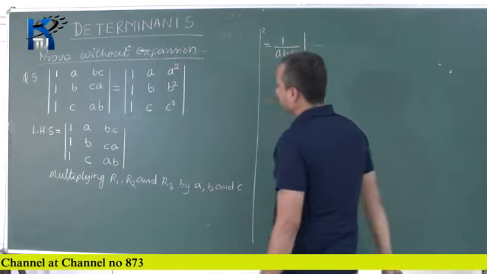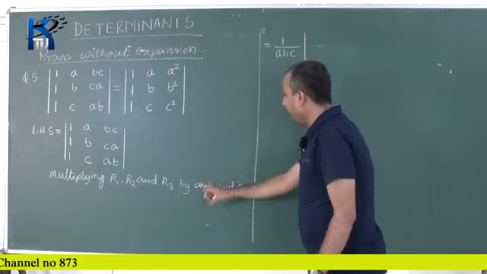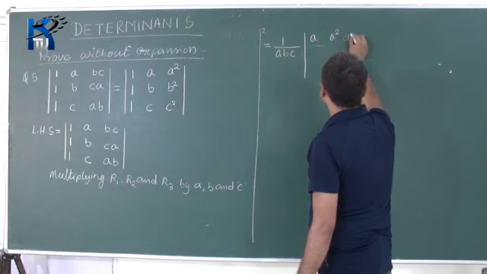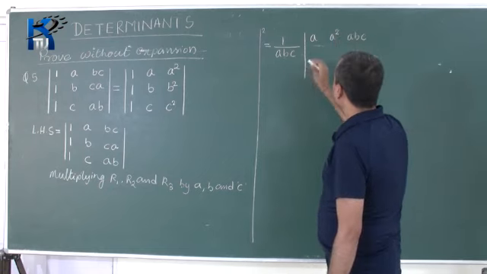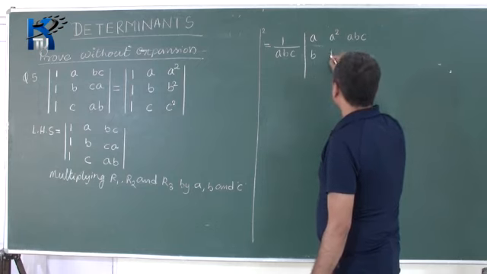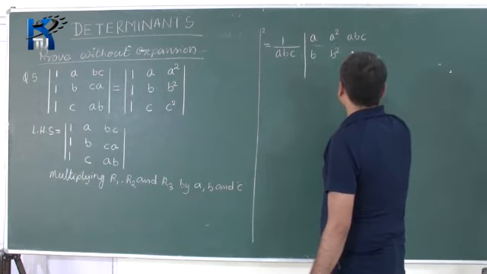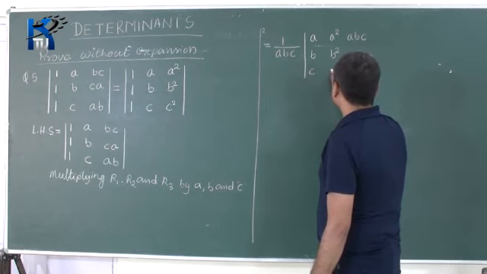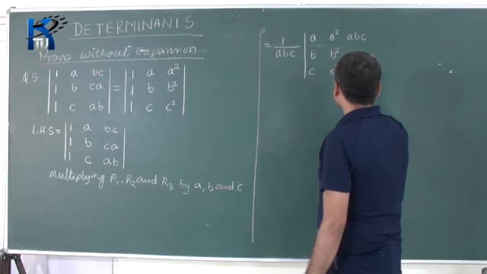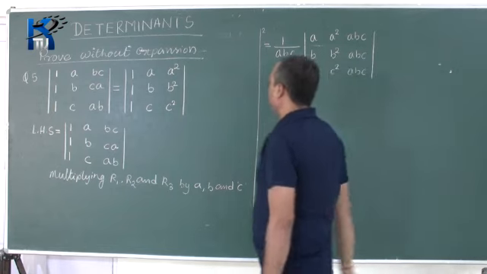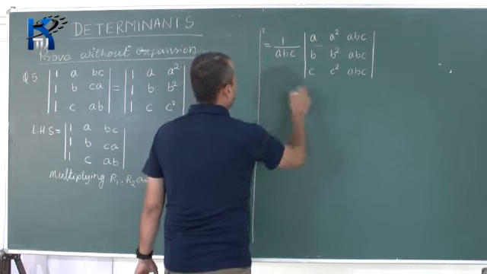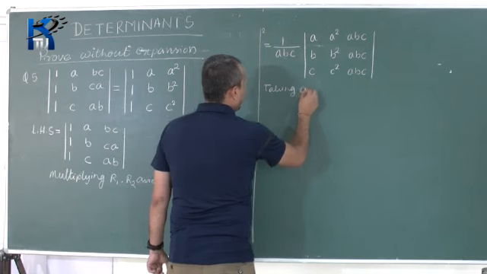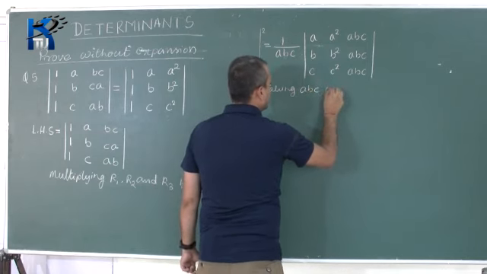Now I multiply. The first row you multiply by A, so it will be A square, ABC. The second row you multiply by B, so B square, ABC. The third by C, so C square, ABC. Now I'll take ABC common from column 3.